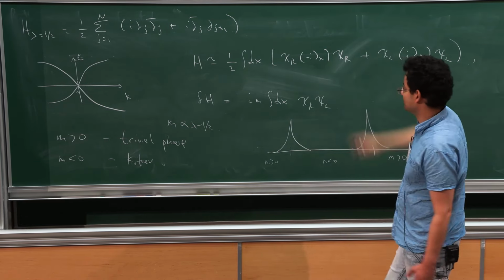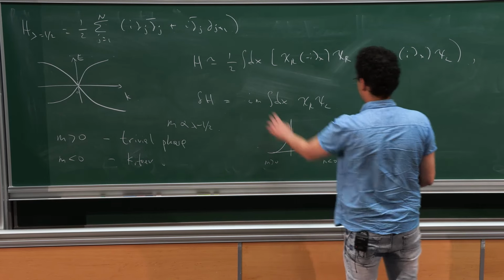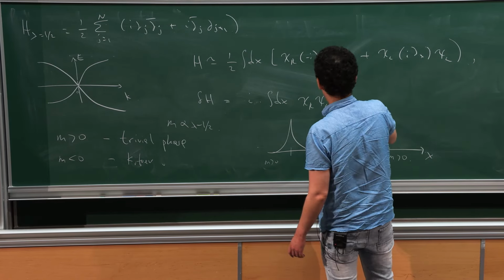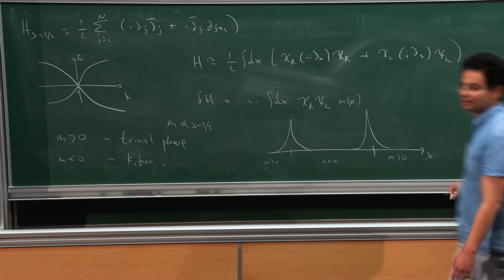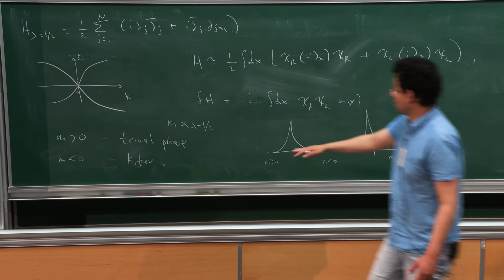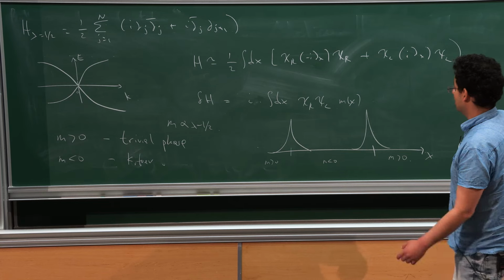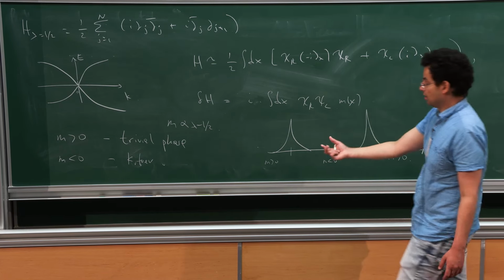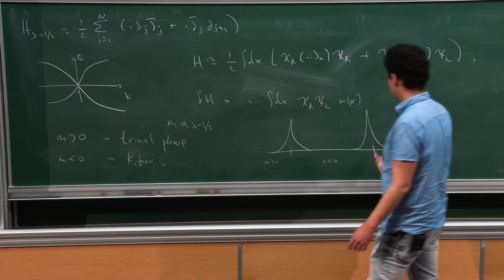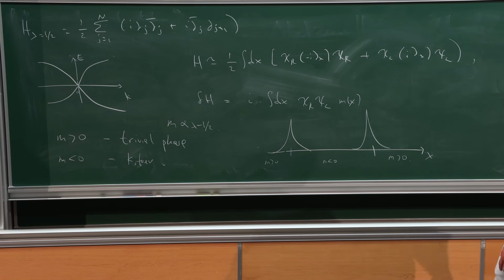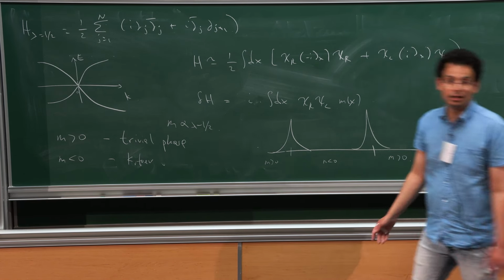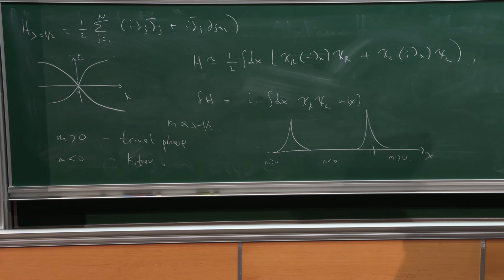So I'm now thinking of making m into m of x. You will have Majorana modes, that is zero energy modes localized at the two ends, over a length scale of something like 1 over m.